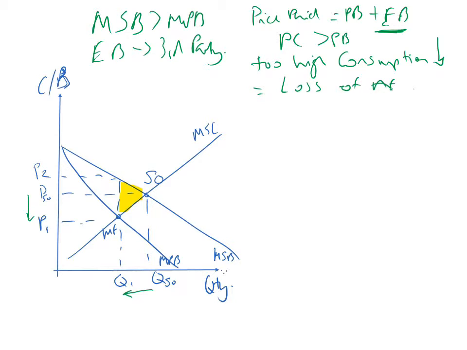Now on the graph, the shaded area is the welfare loss, and the external benefit is the difference between that price and that price, or between A and B. On the graph, you can refer to it as P1 to P2.